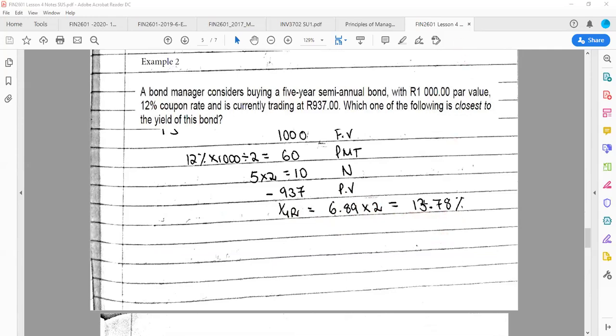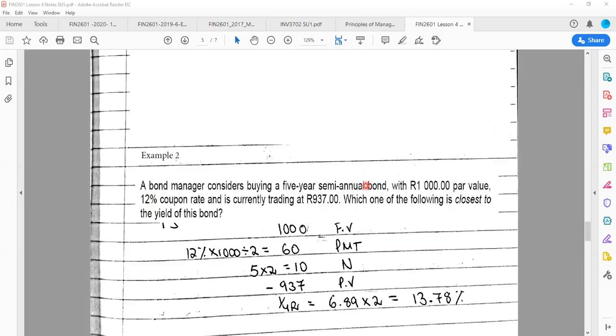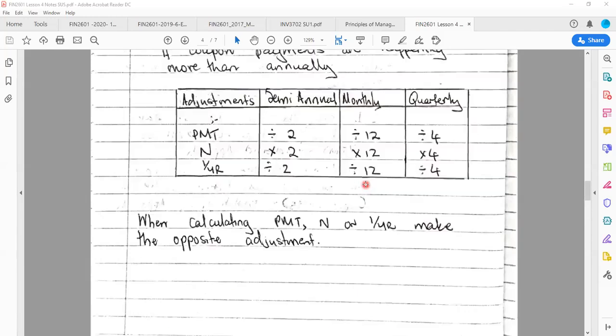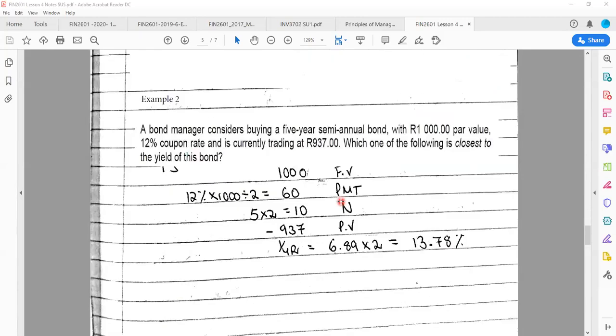That can be confusing for a lot of students, but whenever you're calculating PMT, N or I/YR, yield to maturity, always remember to make the opposite adjustment to these inputs that we put in.